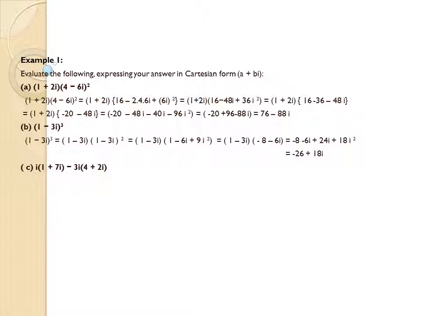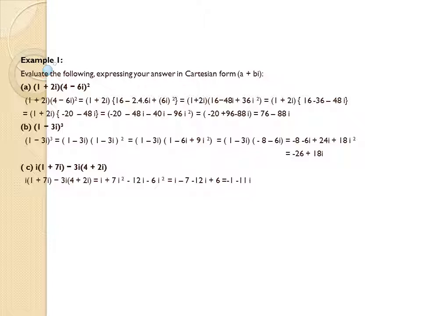Another problem, that is i into 1 plus 7i minus 3i into 4 plus 2i. We just multiply the things, like i into 1, that is i, plus 7i square minus 12i, because 3i into 4 is 12i, minus 3i into 2i, that is minus 6i square. i square equal to minus 1, so minus 7, minus 12i.